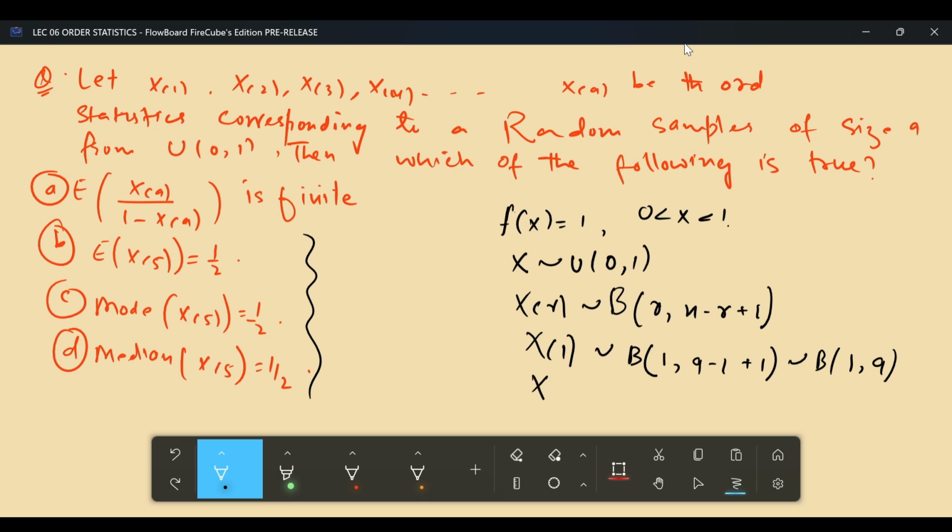Then X5 will follow beta(5, 5). And X9 is the maximum order statistic, the largest, which will follow beta(9, 1). And also 1 minus X9 will follow beta(9, 1).